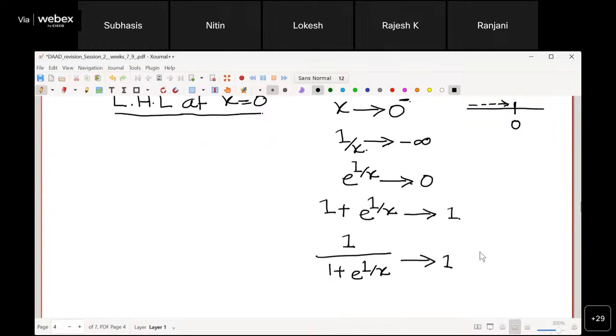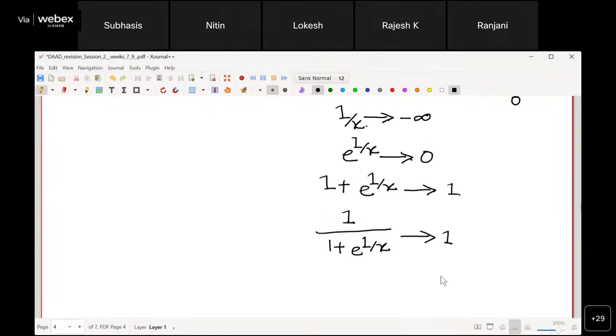So that is what we wanted to compute. This is precisely our left hand limit of this function at x equal to 0. So the left hand limit at x equal to 0 is 1, right? Any doubt from this part?